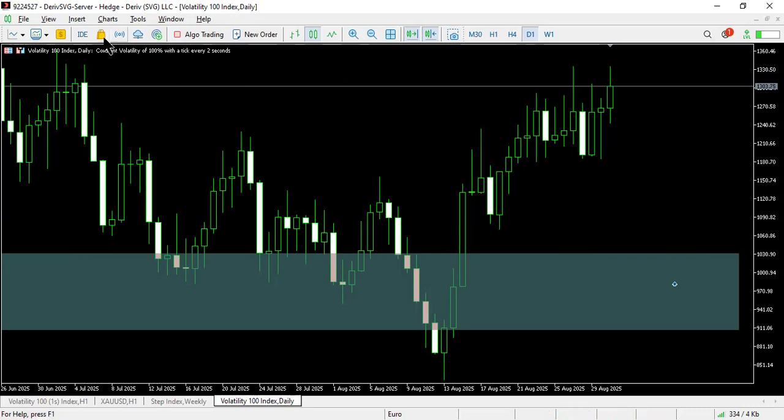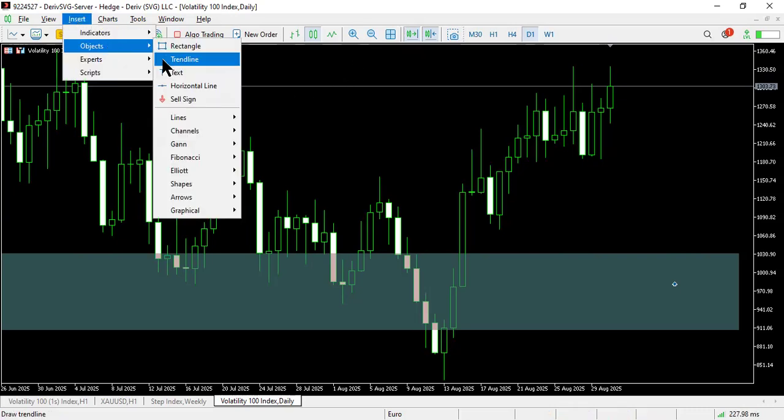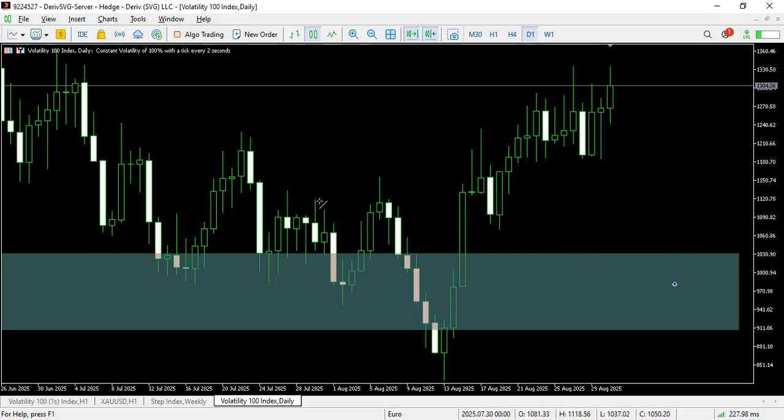From the daily time frame, you can see where the change of character happened, where price reversed.